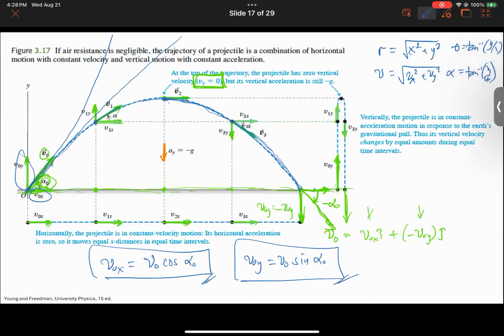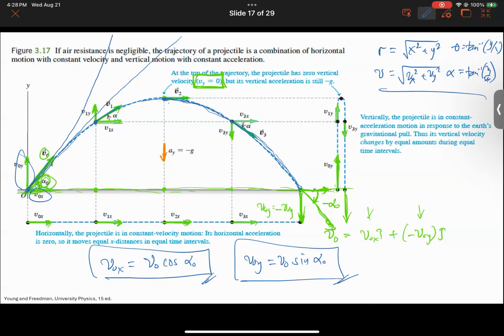Okay, so those are the other expressions that we use to solve for specific parameters or variables.